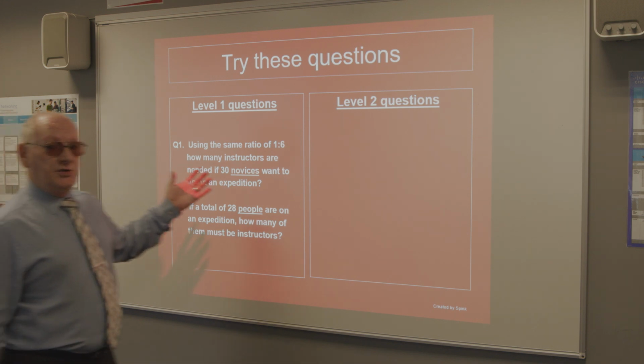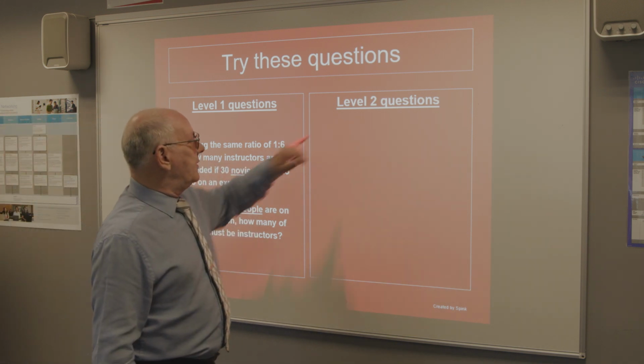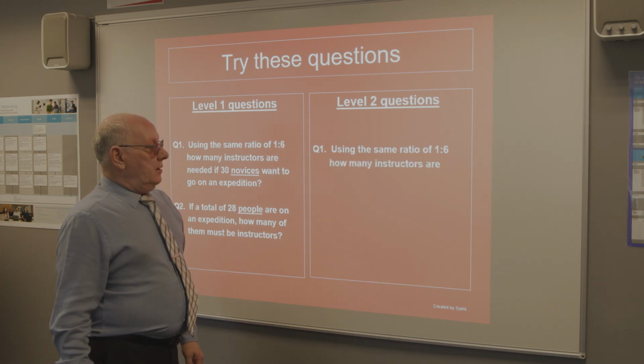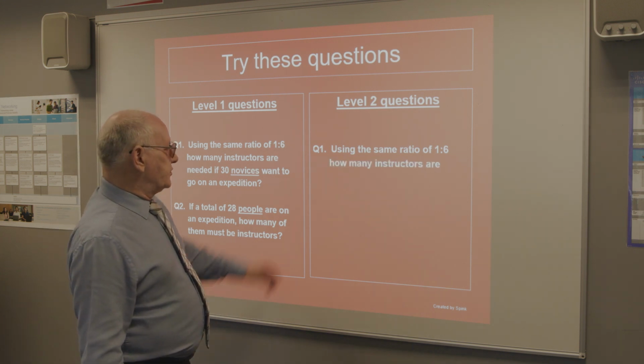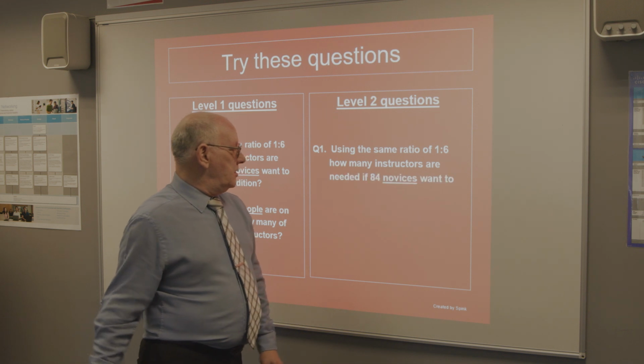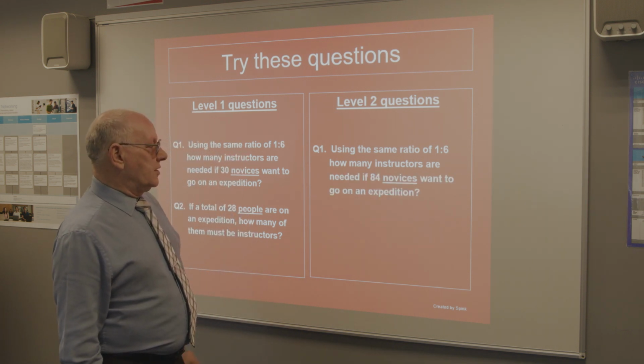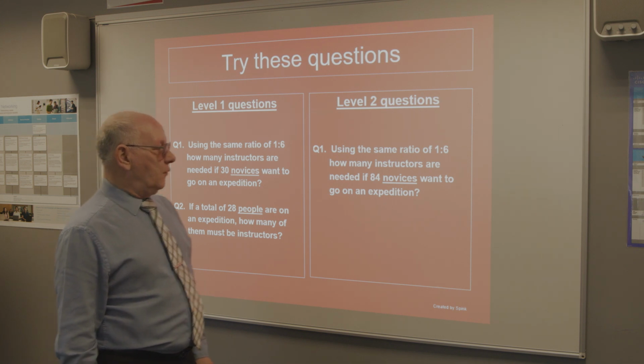I'm pretty sure they'll show you the working out for these in a minute. Level 2. Using the same ratio of 1 to 6, how many instructors are needed if 84 novices want to go on an expedition? 84.